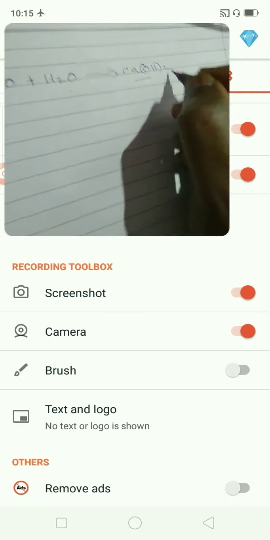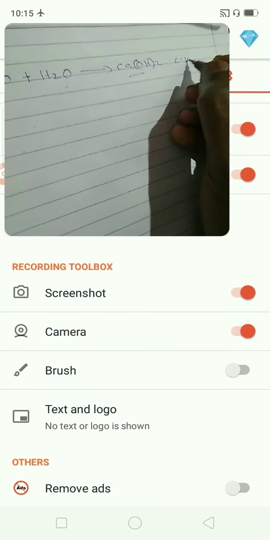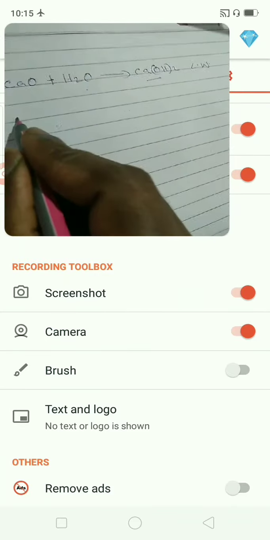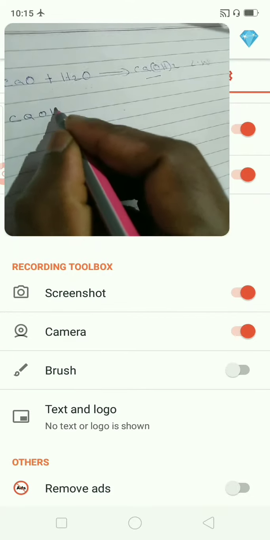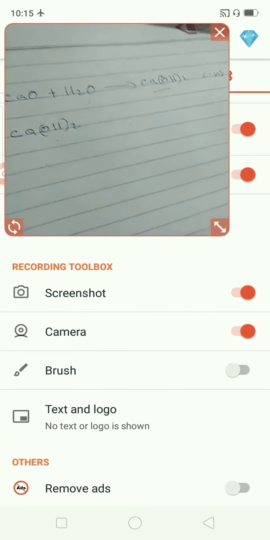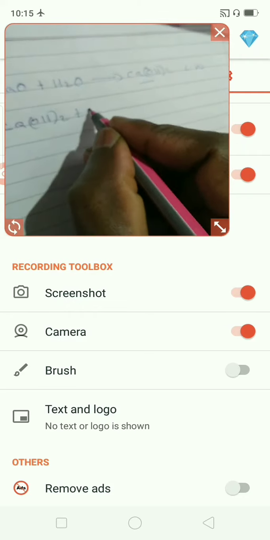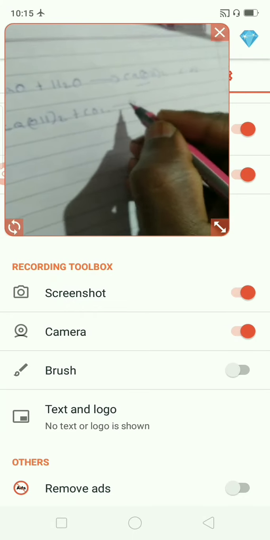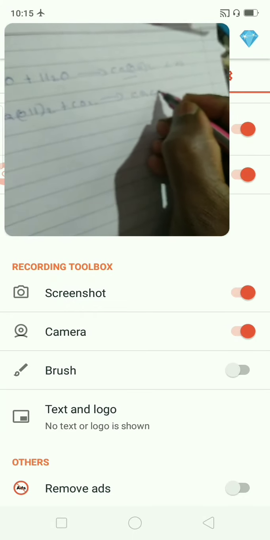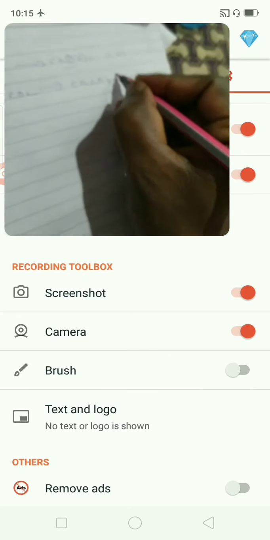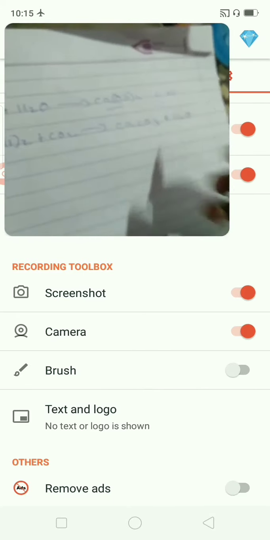So this is called lime water. Now the same lime water, you can write calcium hydroxide. When we expose the calcium hydroxide to carbon dioxide, we get CaCO3 plus water.